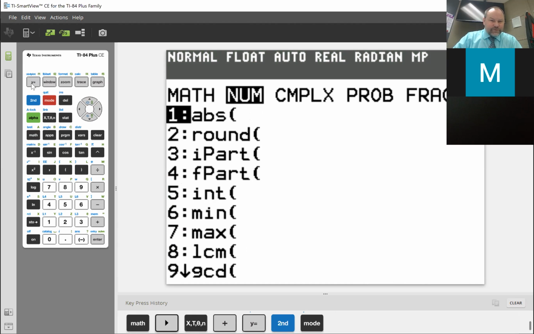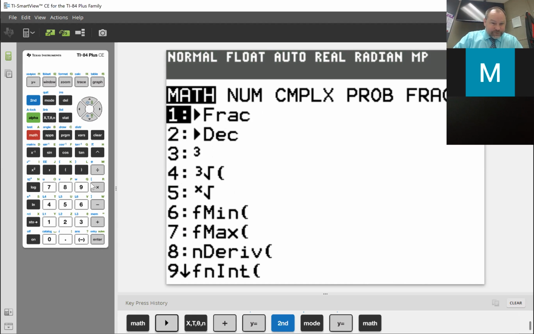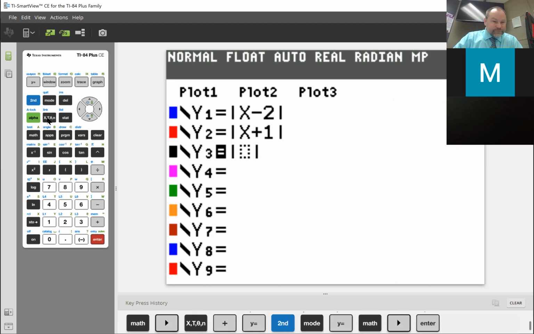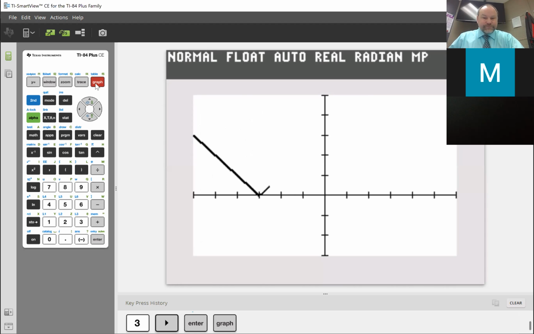All right, see if I can do this. I don't know what happened there. All right, x plus 3 and graph. And there's that absolute value function.